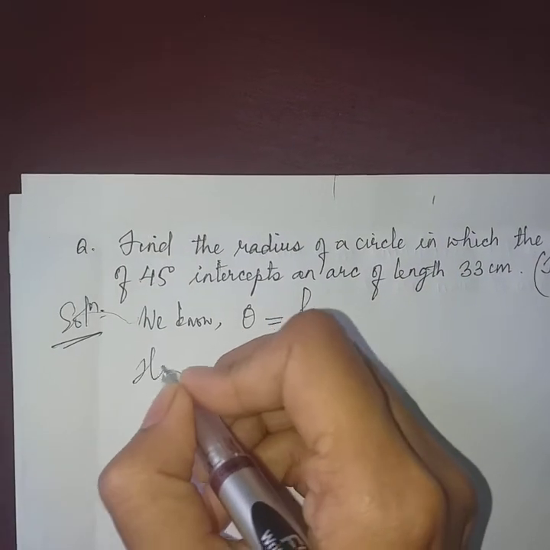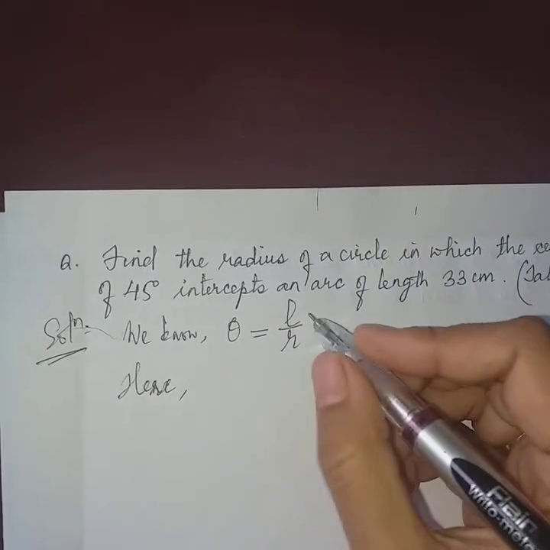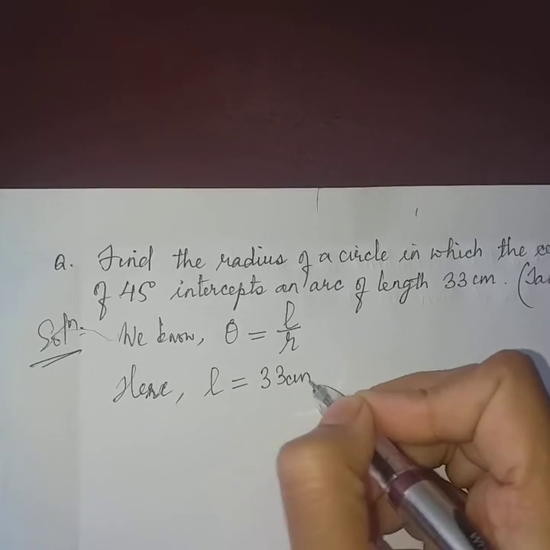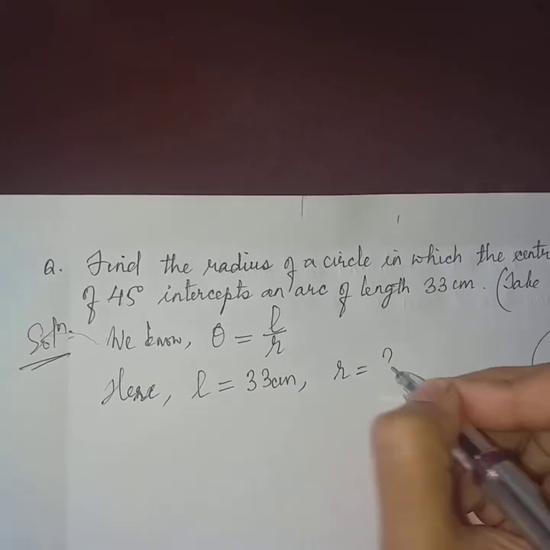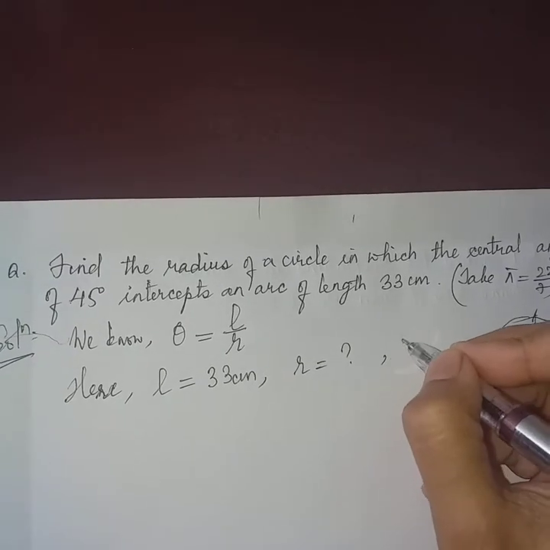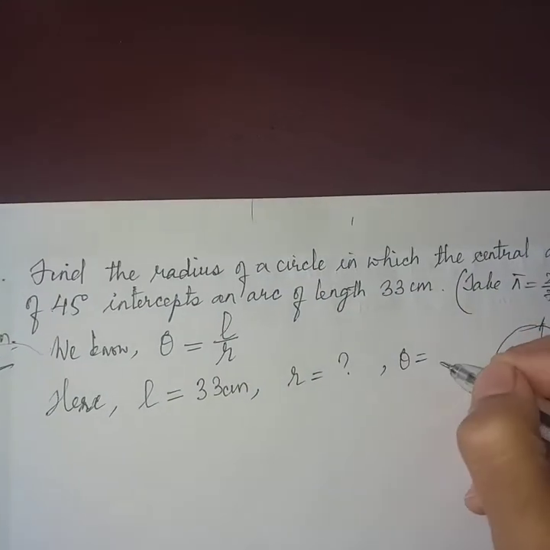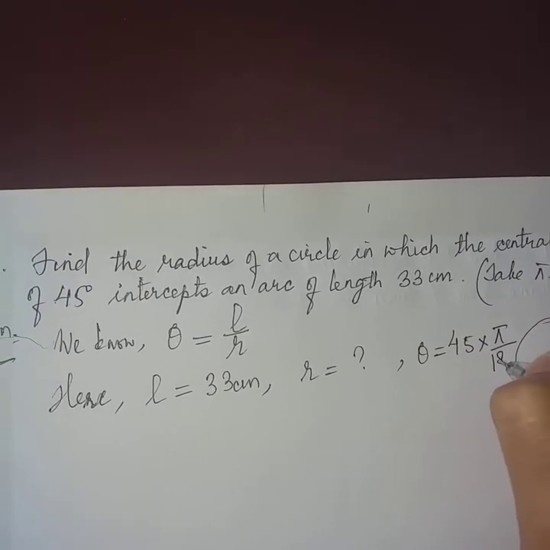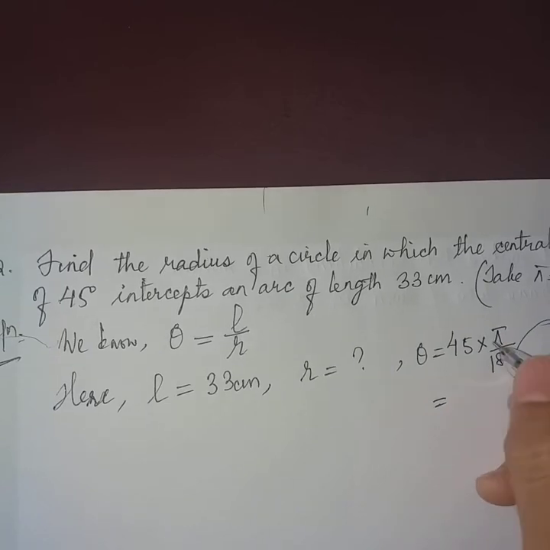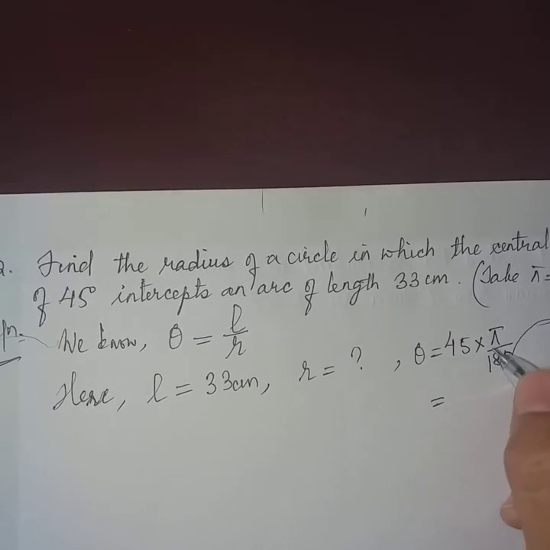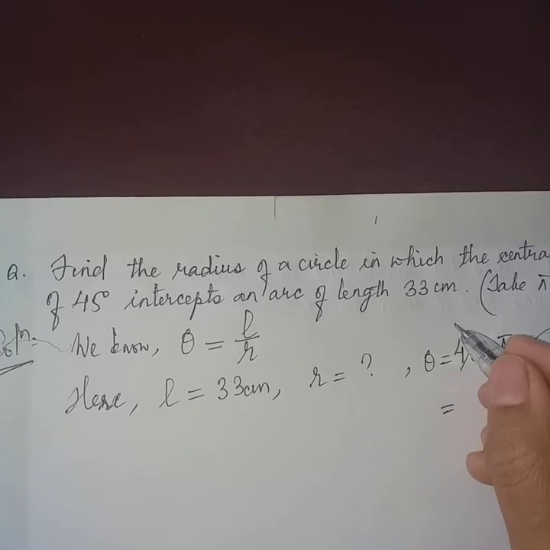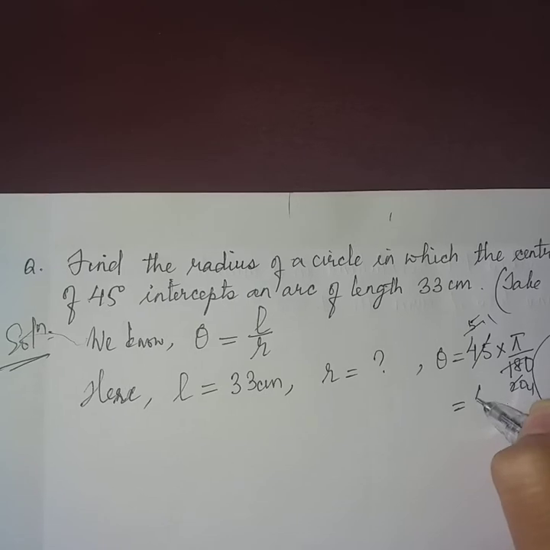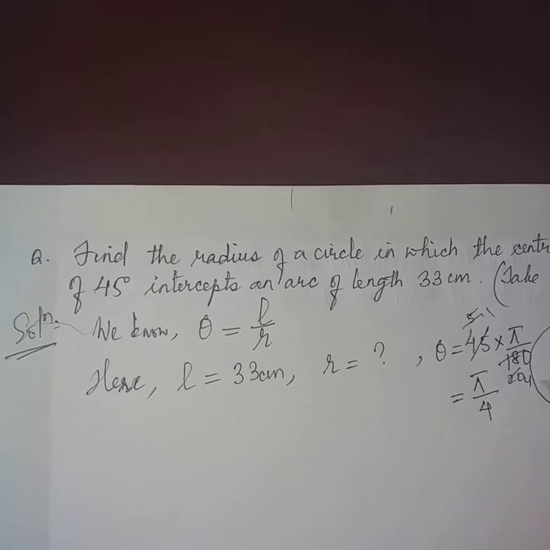Here we are given arc length L equal to 33 centimeter, and R we don't know, we have to find R. Theta is given as 45 degree, but it has to be in radian, so we convert it. 45 degree becomes 45 into pi by 180 radian. Cancelling with 9, 9 5s are 45, 9 20s are 180, so 5 1 is 5, 5 4. So our theta is pi by 4 radian.